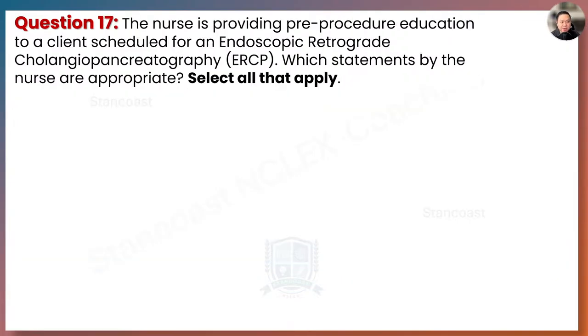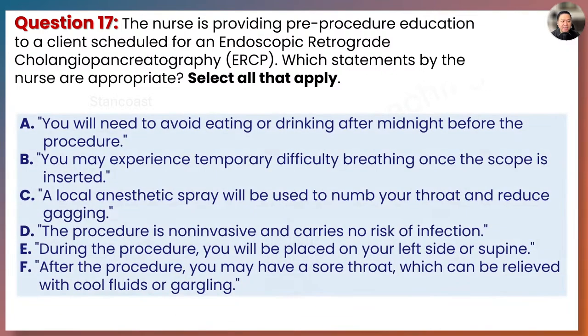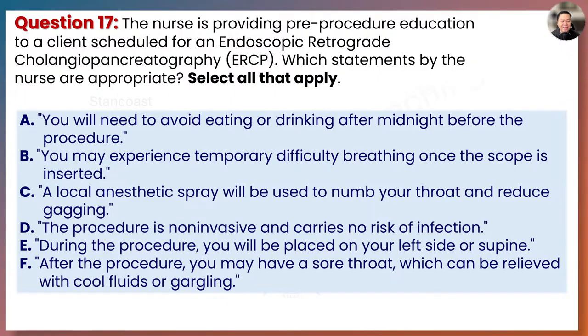17. The nurse is providing pre-procedure education to a client scheduled for an endoscopic retrograde cholangiopancreatography, ERCP. Which statements by the nurse are appropriate? Select all that apply. Options. A. You will need to avoid eating or drinking after midnight before the procedure. B. You may experience temporary difficulty breathing once the scope is inserted.